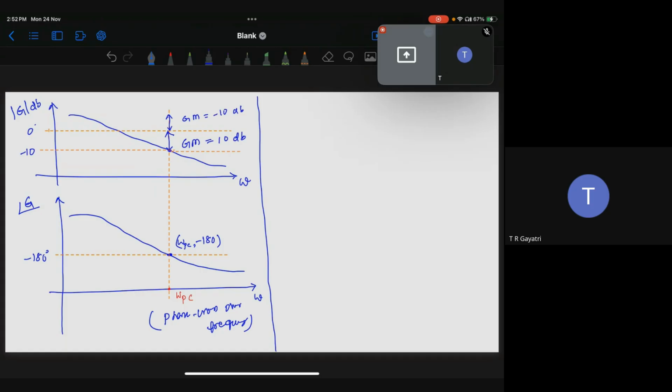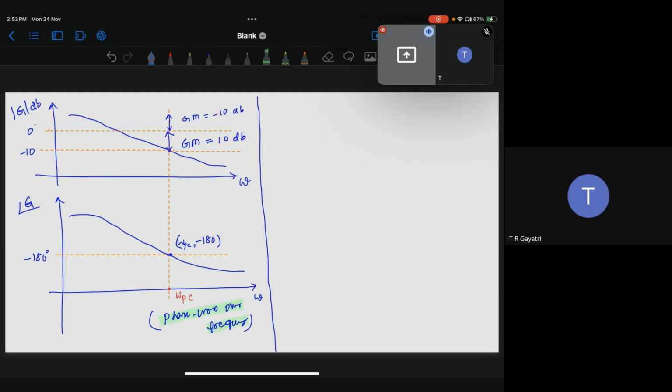Here we are defining two things. One is the phase crossover frequency, which is the frequency at which the minus 180 degree line cuts the phase angle curve. Then we take that phase crossover frequency and extrapolate it to the magnitude curve.